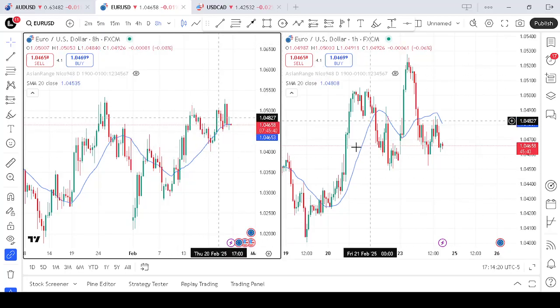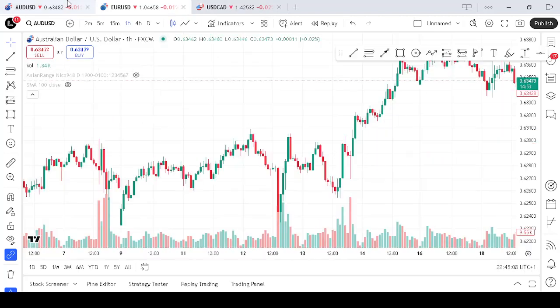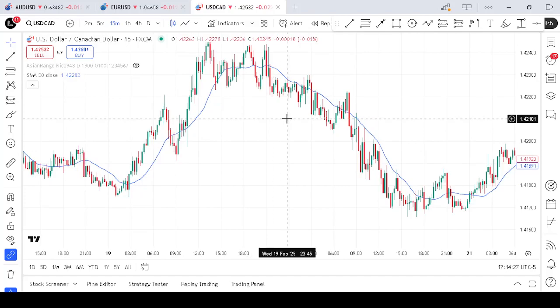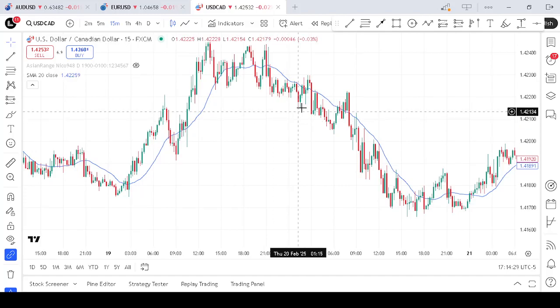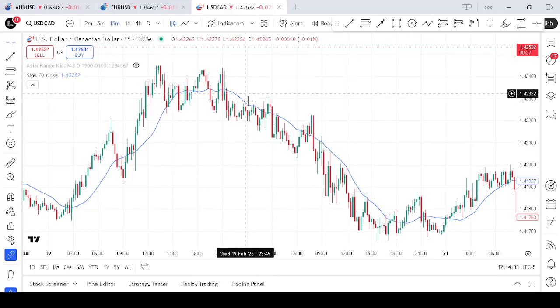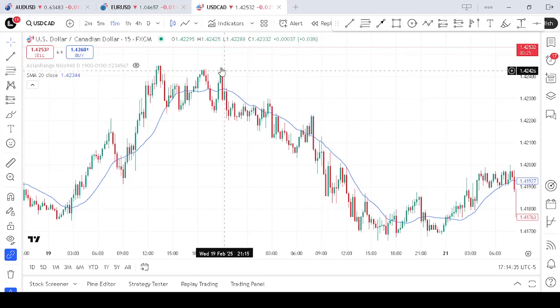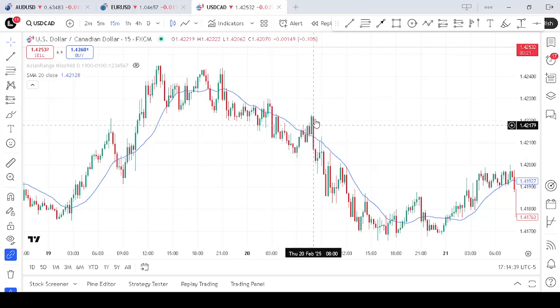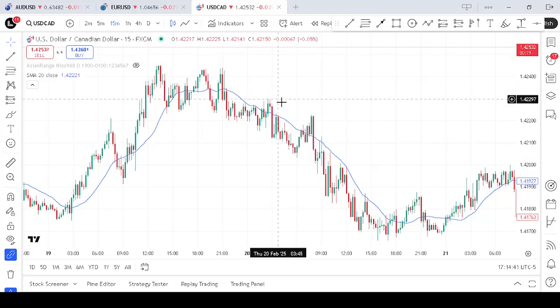Now, in case of a short position, we can look for 3 consecutive lower highs. That's lower low, lower high, lower low, lower high, lower low, lower high. These are the 3 consecutive lower highs.